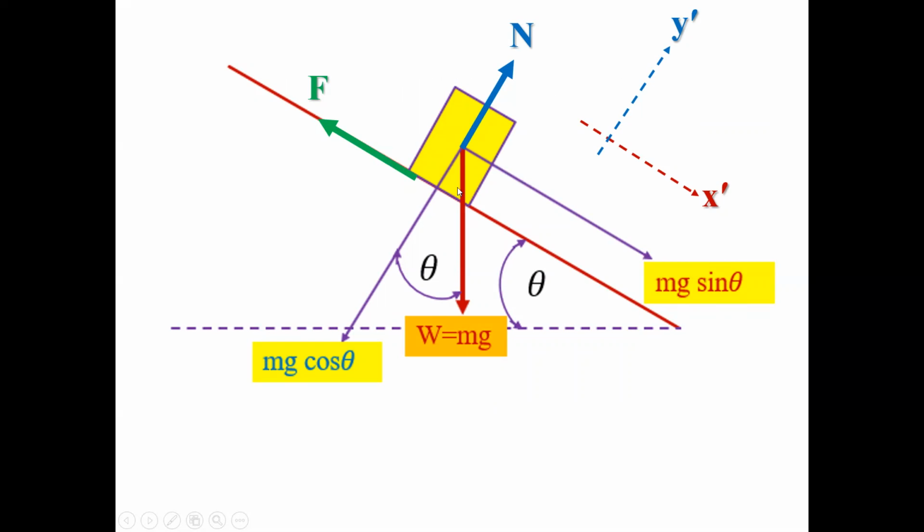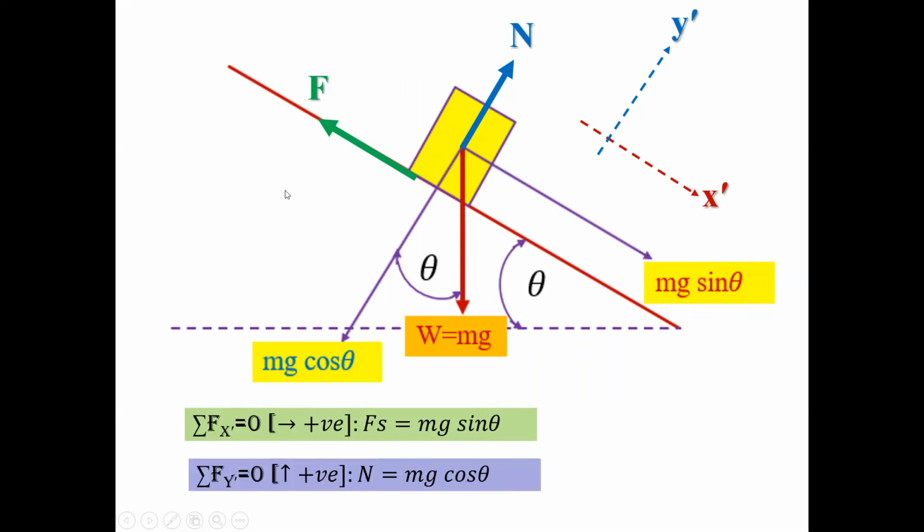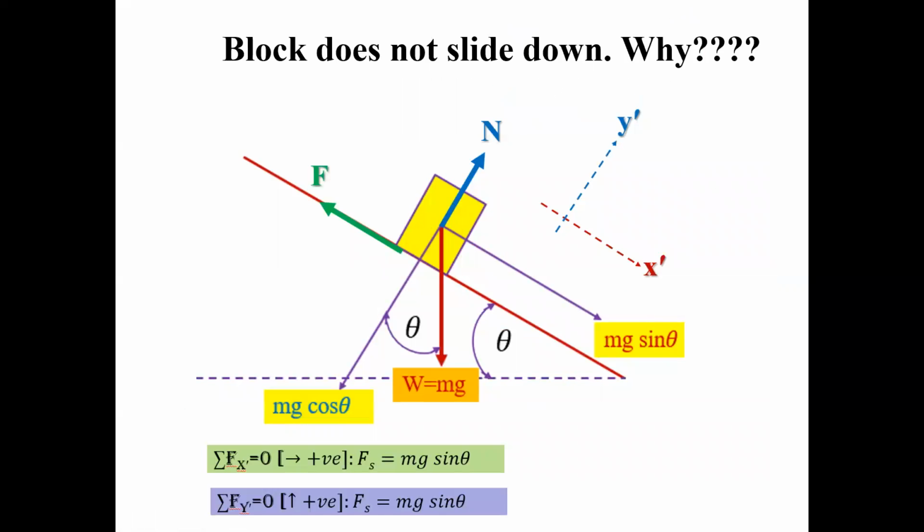That's why it has a tendency to move downward, and thereby the friction force will be upward. So here you can see Fs and N. Fs is equal to mg sin theta and N is equal to mg cos theta. And the block doesn't slide down. Why? Because of friction.